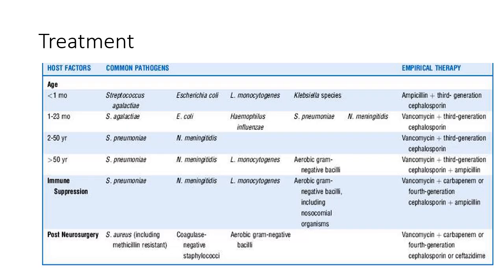Otherwise, vancomycin and a third generation cephalosporin are good medications to provide coverage for many of the common causes throughout most of the age groups. And then of course, when you have immune suppression, it's good to consider potentially stronger antibiotics such as a carbapenem or fourth generation cephalosporin, and then the same ampicillin.